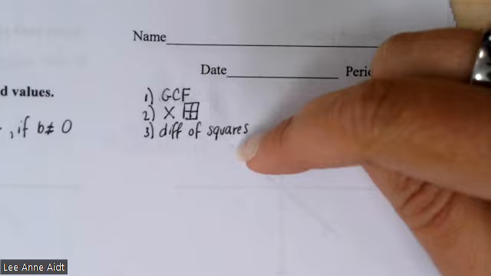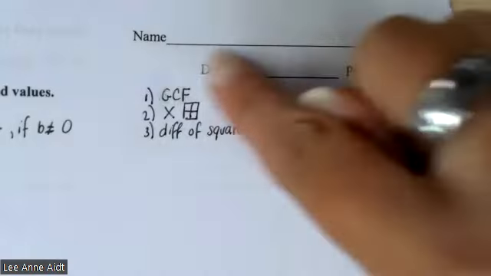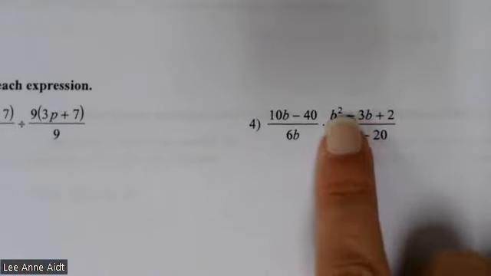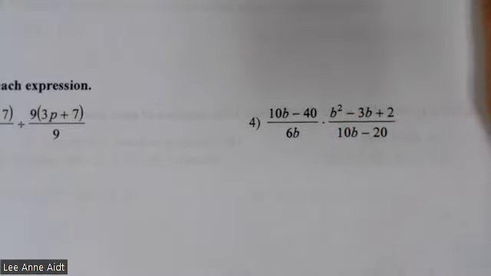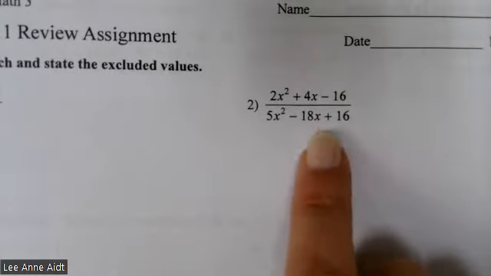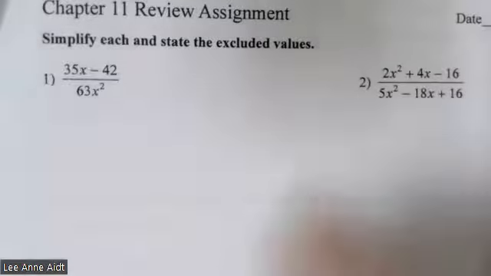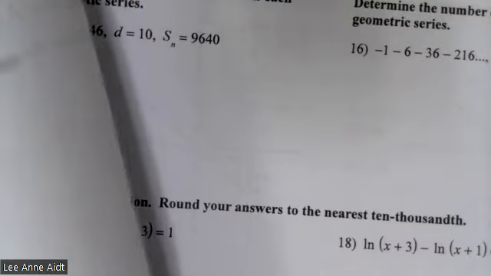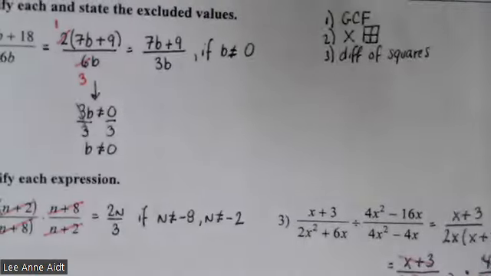I highly suggest that. But these are the 3 types of factoring I'll be expecting. If you look on your review assignment in these problems, there is some diamond and box, and there's some GCF. I don't know if there's difference of squares, but you should be ready for that.